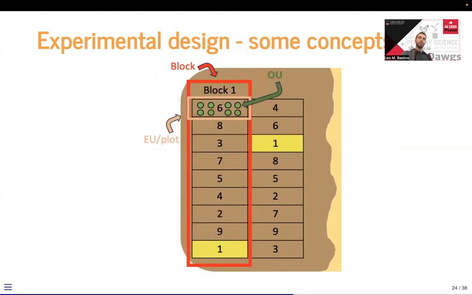If you think of block as the largest unit, we normally have 3 or 4 blocks in studies, so we have this replicated as well. Here would be block 2 right next to it. We have a block, plots inside the blocks, and then plants inside of the plot, which are our observational units. So that's a little bit of the hierarchy in case this wasn't quite clear. I just wanted to make that clear.